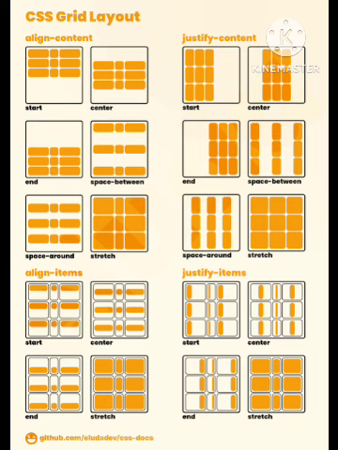Whereas inline flex is different. Inline grid is also the same. It only takes the width of the content as its width. It won't take the entire row as its width.